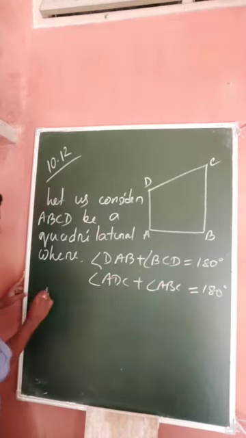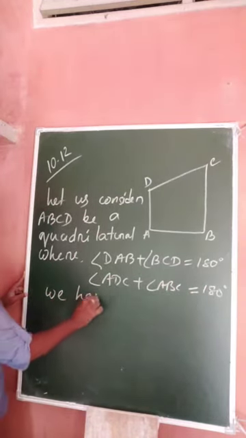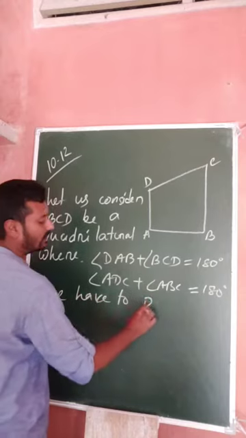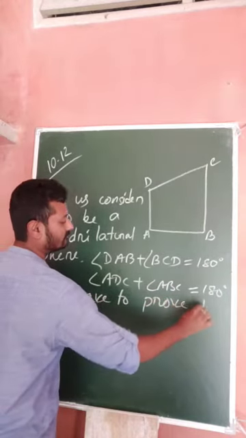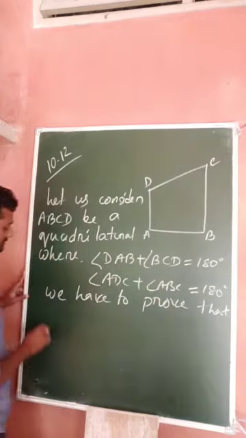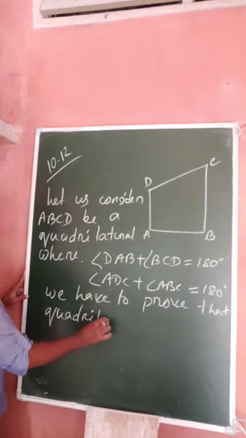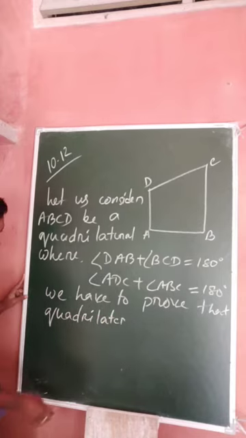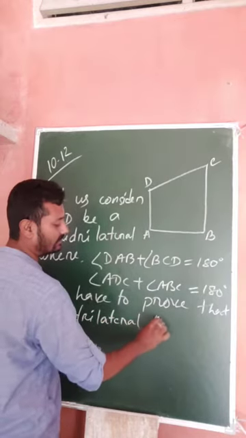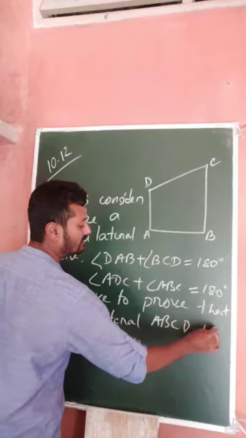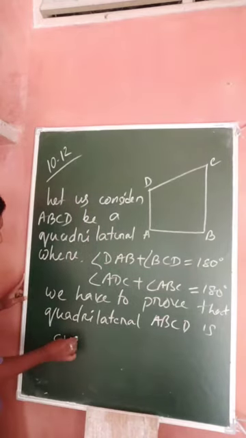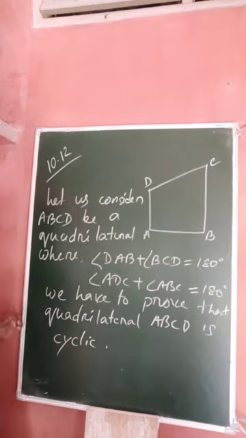We have to prove that quadrilateral ABCD is cyclic. Okay, we have to prove this.